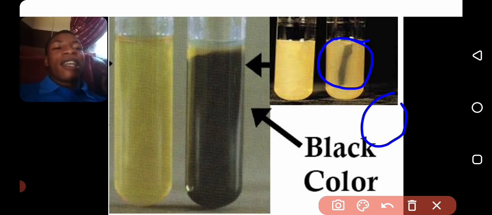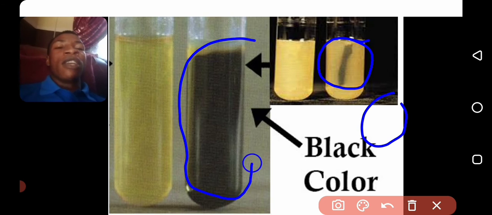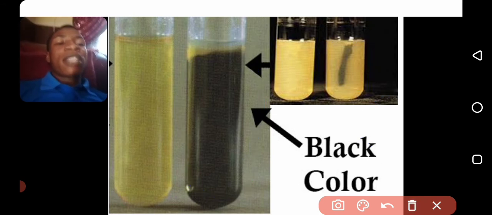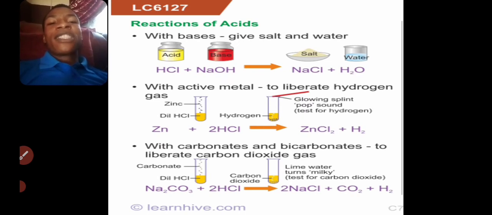Then the paper will turn black. You can see the solution is also turning black. A solution of lead II ethanoate turning black because of the presence of hydrogen sulfide. That's how you describe H2S, a colorless gas with a rotten egg smell which turns lead ethanoate paper black.